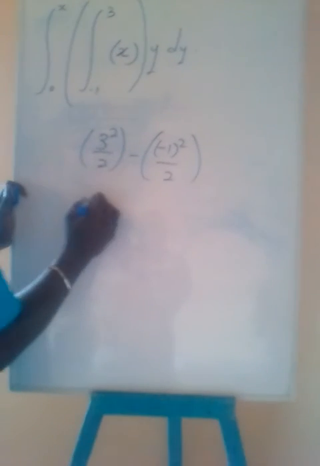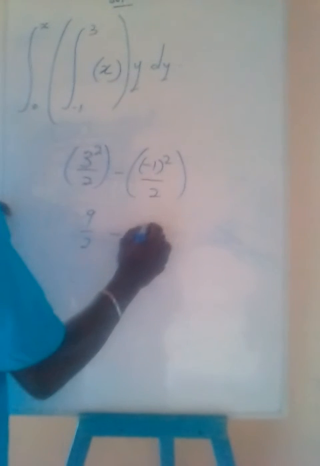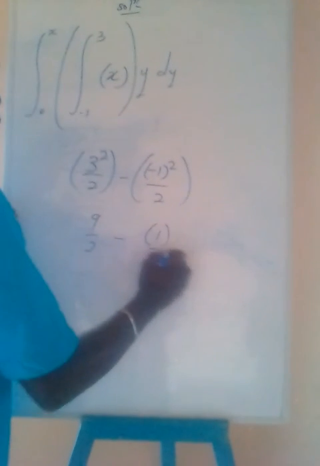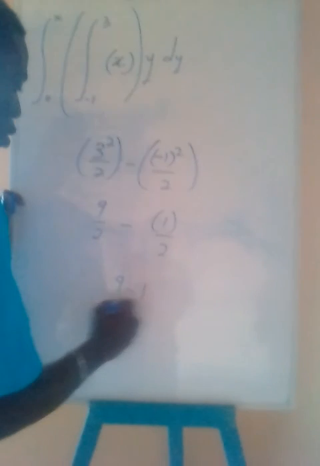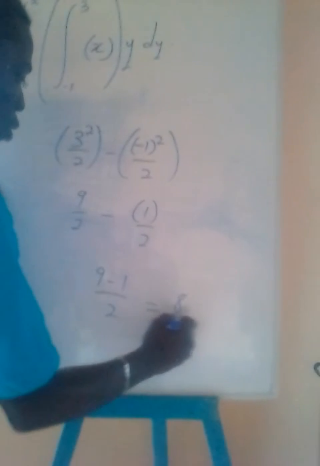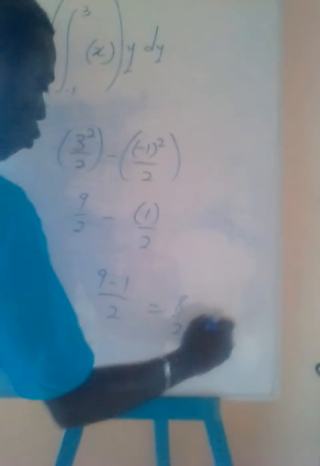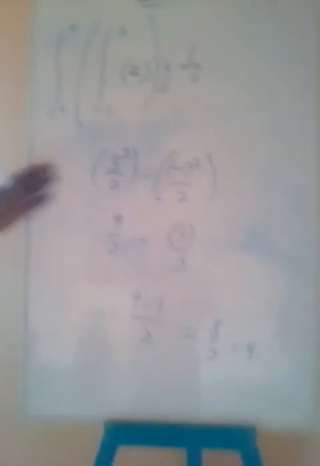So I'll get 9 on 2 minus 1 on 2. Here I have 9 minus 1 all on 2, which is equal to 8 on 2, and I have 4. Good. Now that I've worked the first part, it will be like this.